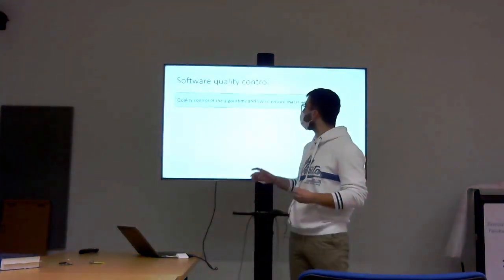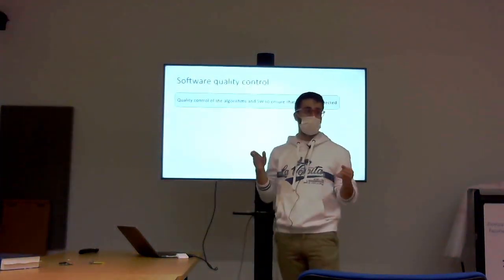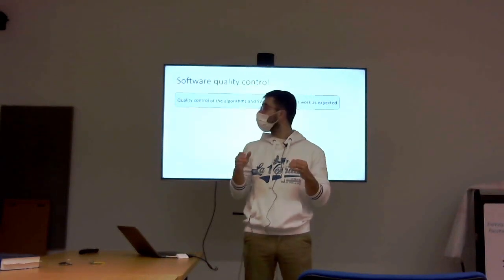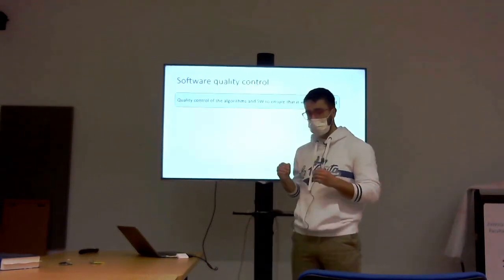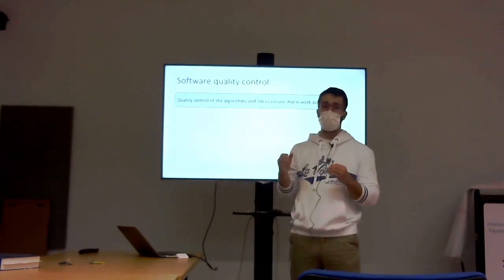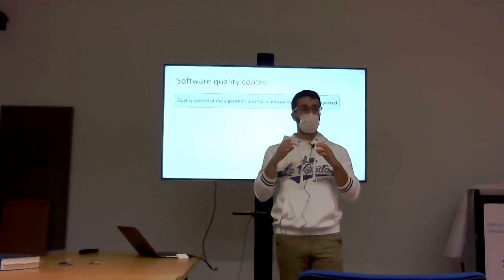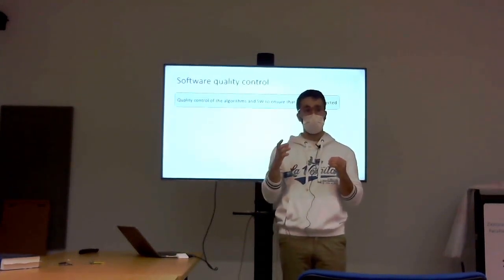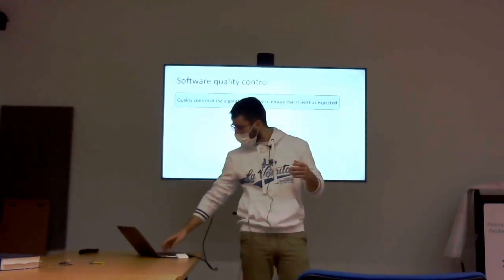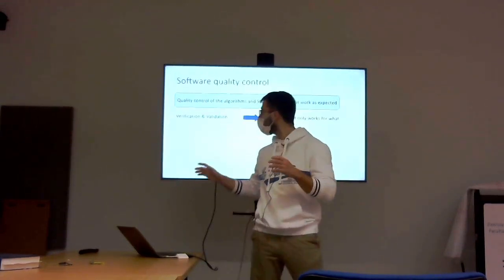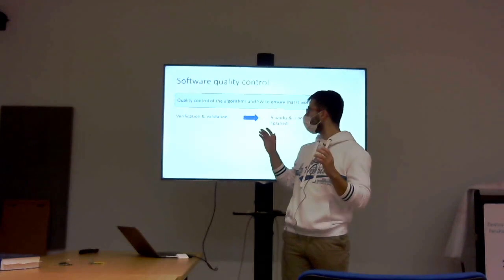So we are going to focus on software quality control, that is testing. Testing is the discipline that tries to ensure that everything works okay and there are no bugs in the system. They distinguish between two steps.